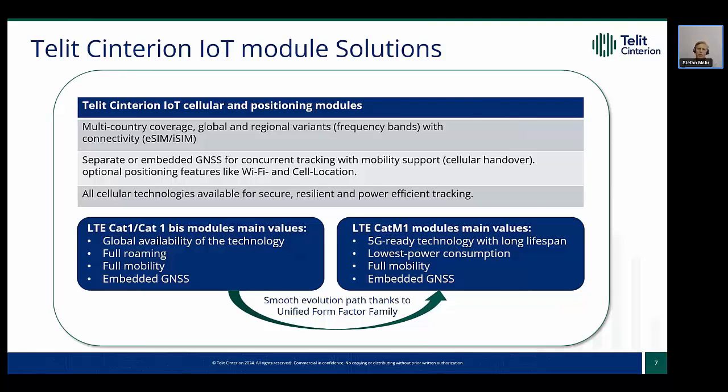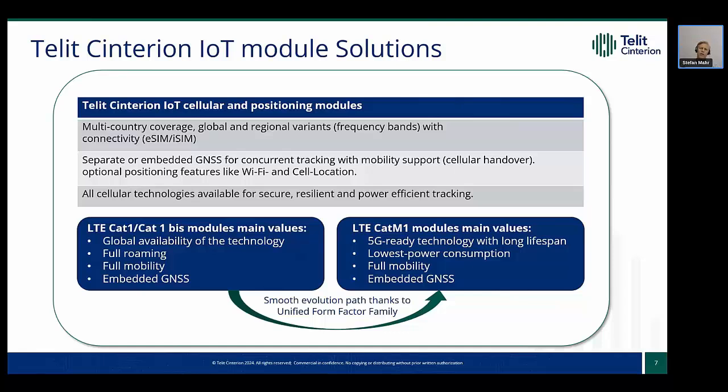Cat1 bis compared to LTE Cat-M: Cat1 has a higher data rate, it's clear. There is greater coverage with Cat1. It's deployed almost worldwide. Some Cat1 bis chipsets support voice or VoLTE in many parts of the world, but still not available in the US today.